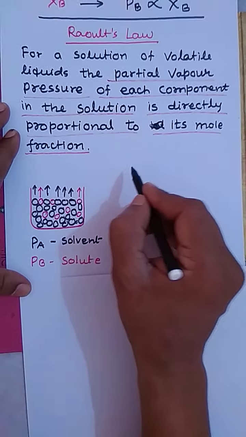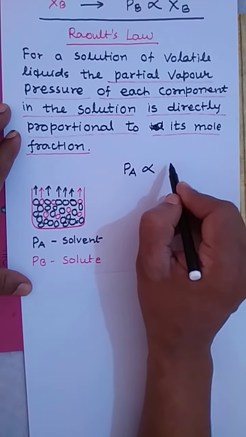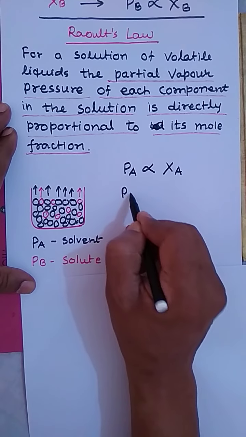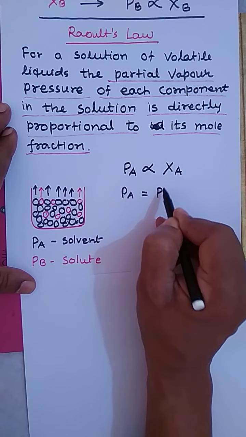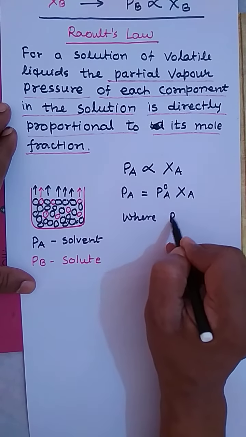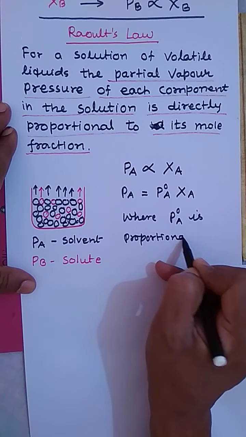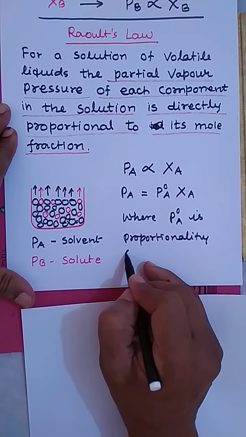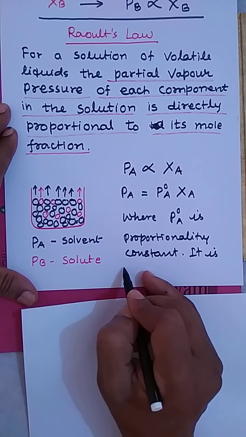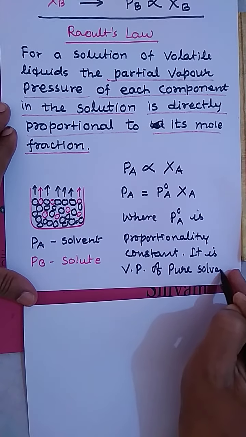So according to Raoult's law, we can write that the partial vapor pressure of component A is directly proportional to the mole fraction of component A, and PA is equal to P naught A XA, where P naught A is the proportionality constant, and it is the vapor pressure of pure solvent, right?